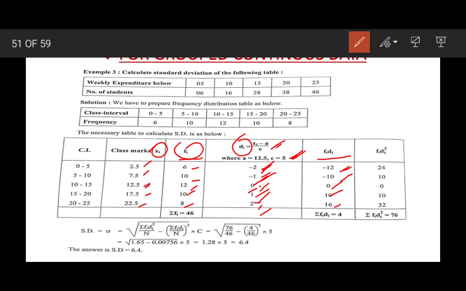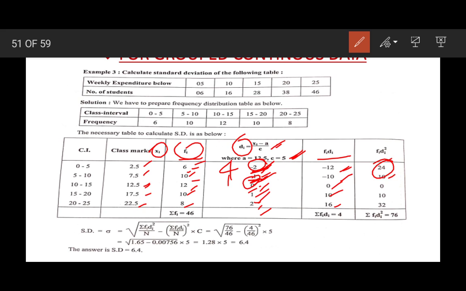Then next I have to square this d value. Okay. I have to square this d value and multiply with frequency. So minus 2 square is 4, into 6 will give you 24. Minus 1 square is 1, into 10 will give you 10.